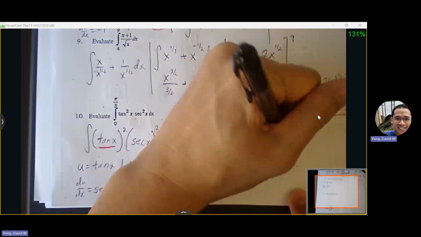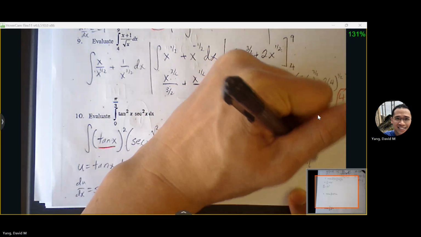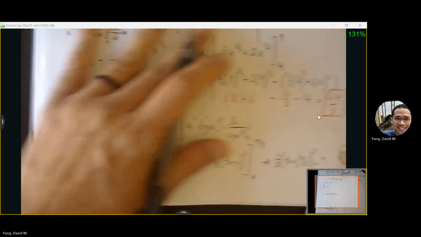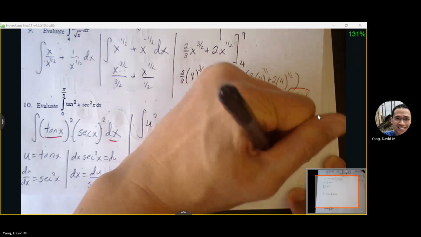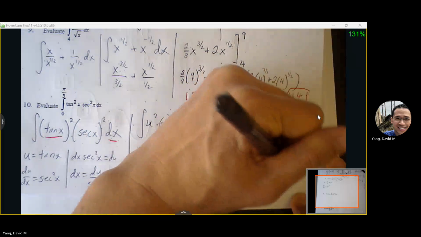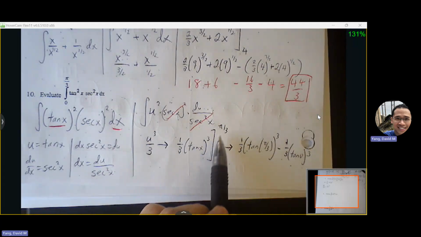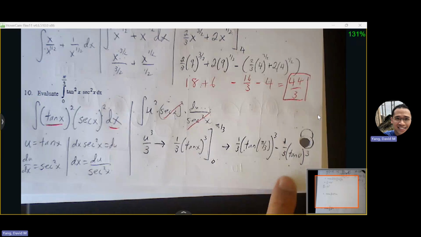Okay, upper bound first. So 1/3 tangent pi over 3 cubed minus 1/3 tangent of 0 cubed.